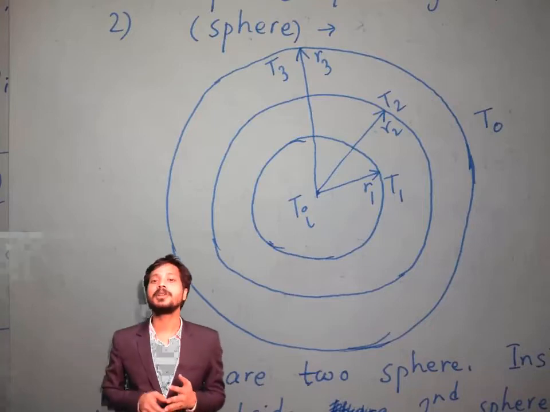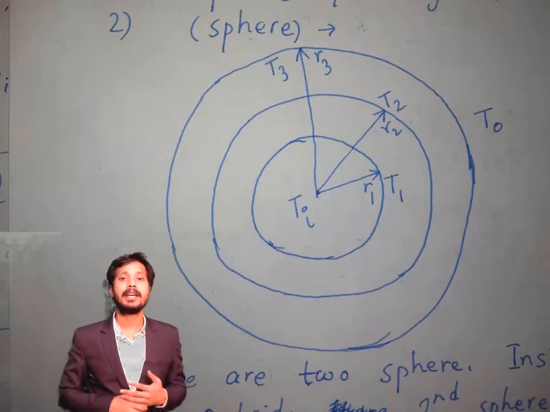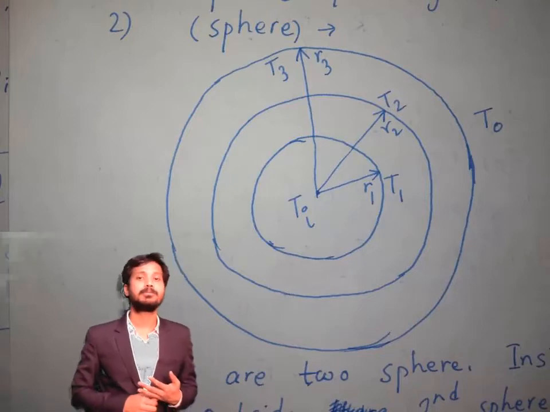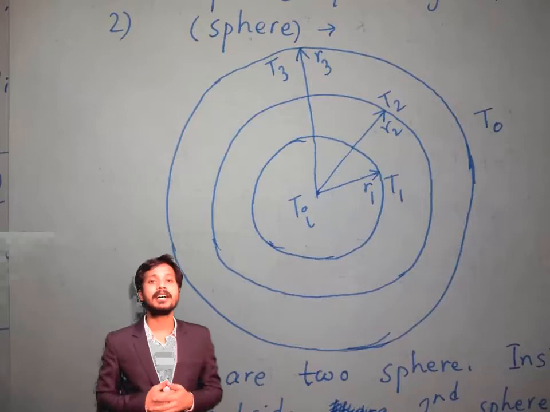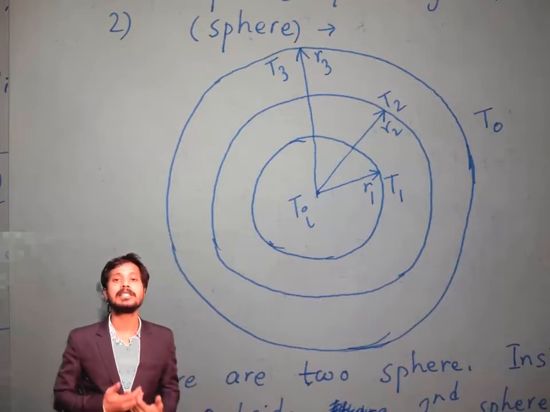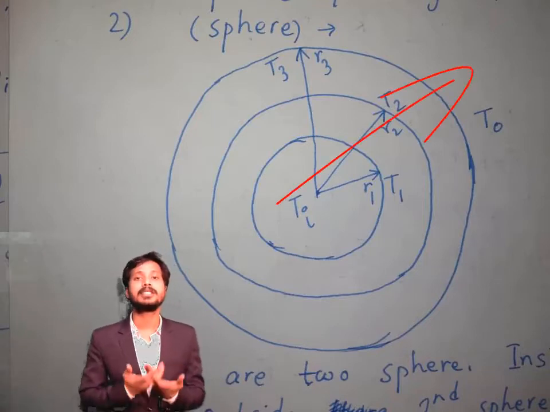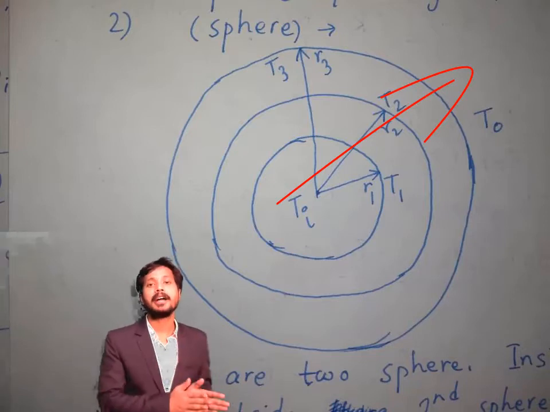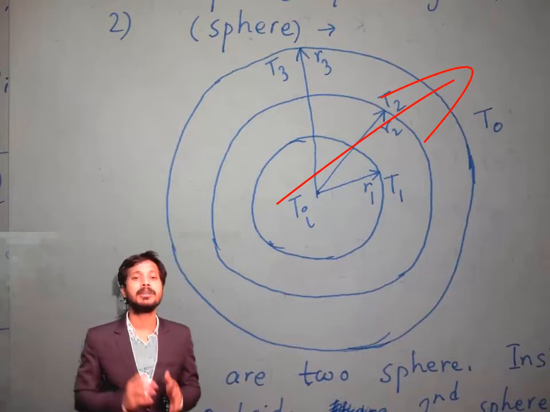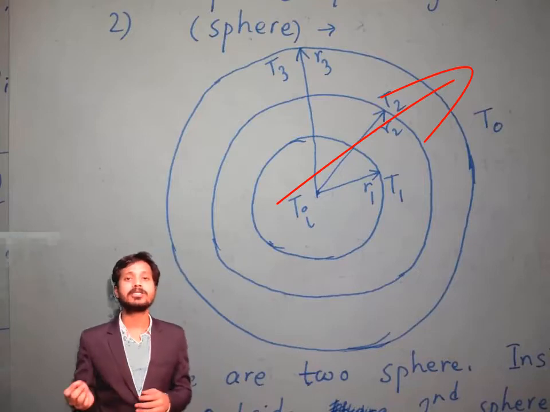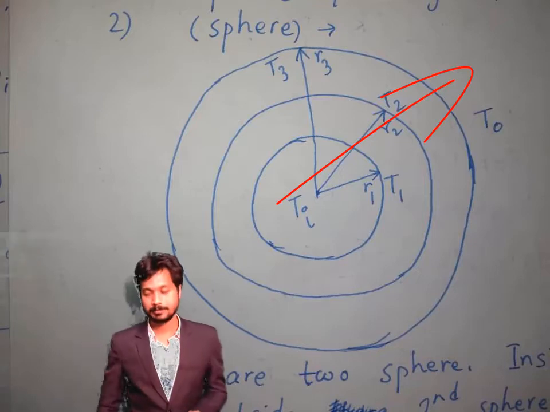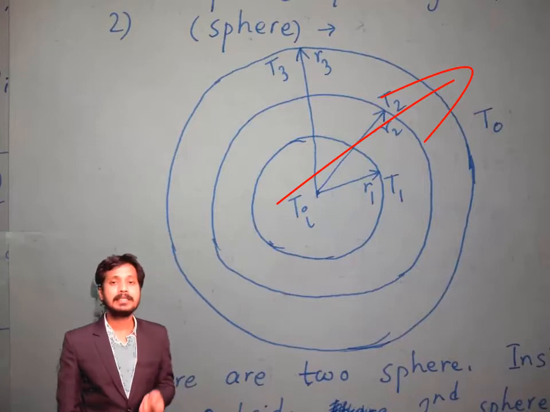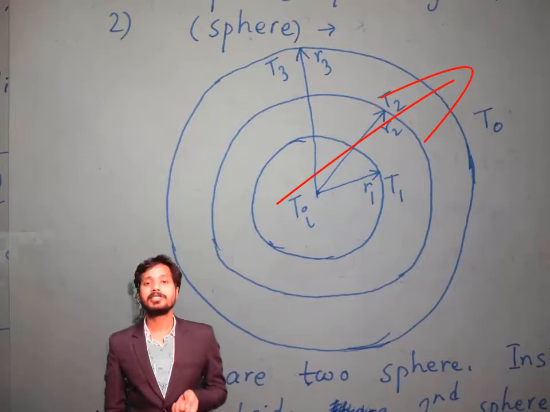Beyond the second sphere, outside or ambient air is present. Here also we take the assumption that Ti is more than T1, more than T2, more than T3, more than T0. Obviously heat transfer occurs from high to low, that means from inside to outside.